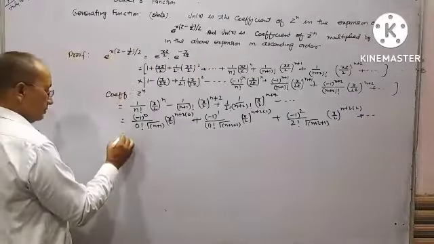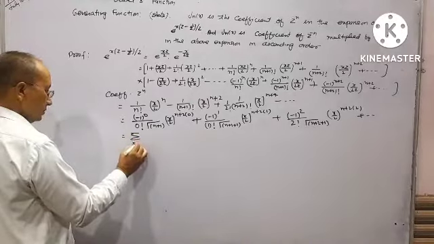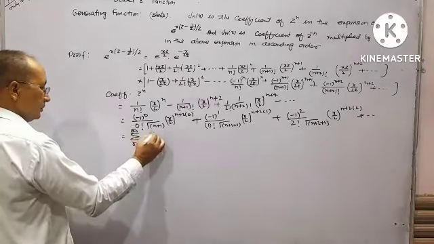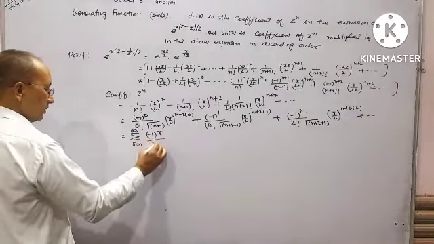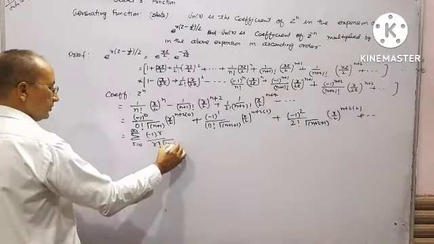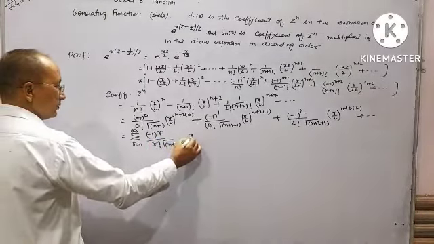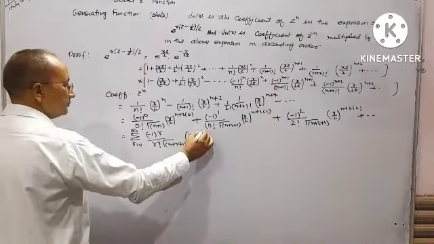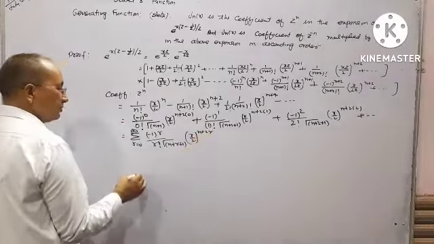This may be written as the summation r equals 0 to infinity of minus 1 to the power r upon factorial r gamma n plus r plus 1, (x/2)^(n+2r). That is the formula of Jn(x).